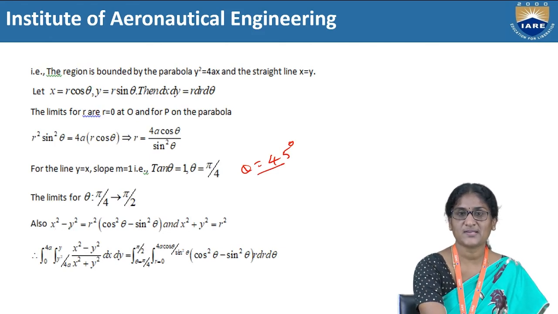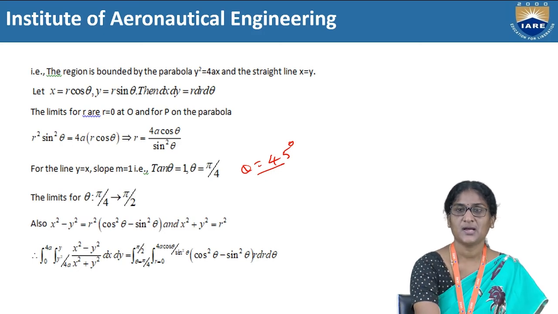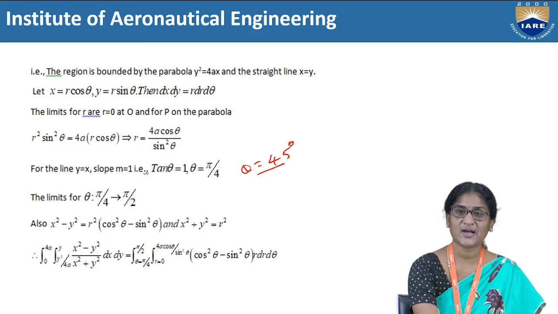So x square minus y square, the numerator value, is r square into cos square theta minus sin square theta, and x square plus y square conveniently is r square.